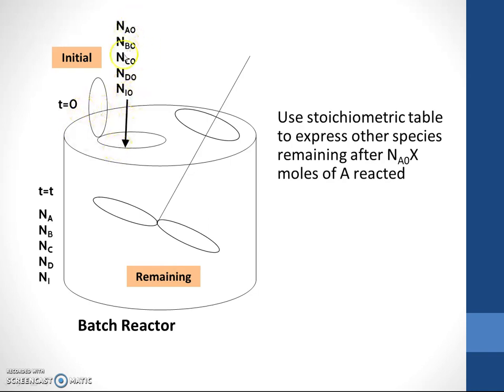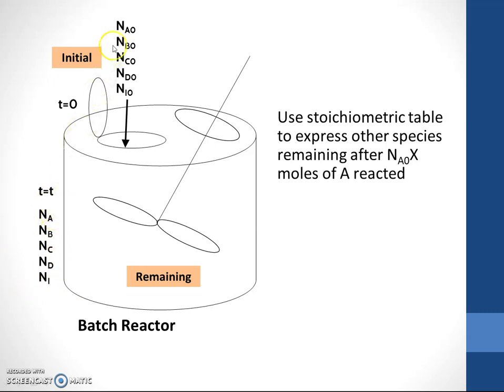Okay, so we put all the reactants inside initially, and then after some time, when we stop the batch reactor, when the reaction is finished at T equals T, a certain time that we set, we have the remaining Na, remaining Nb, Nc, Nd, and I. So we will identify what is remaining.